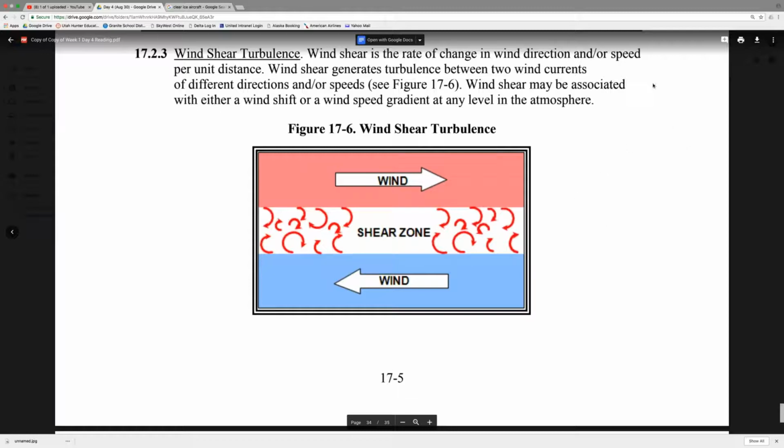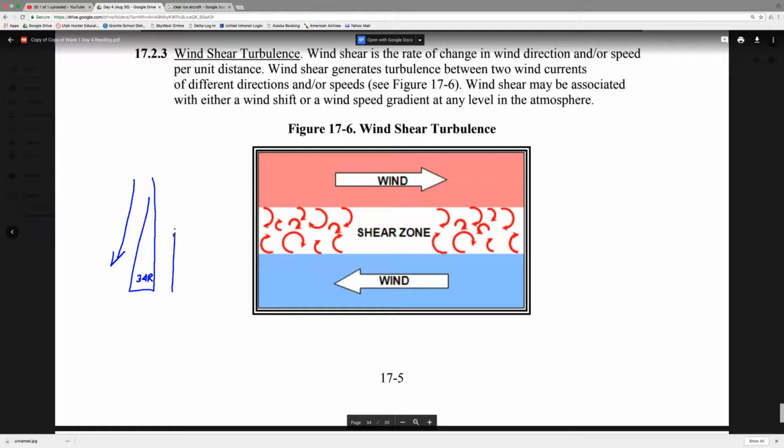So wind shear is super dangerous. We talked about runways. When you're landing at a runway, typically the wind is coming this way. You've got a headwind, right?